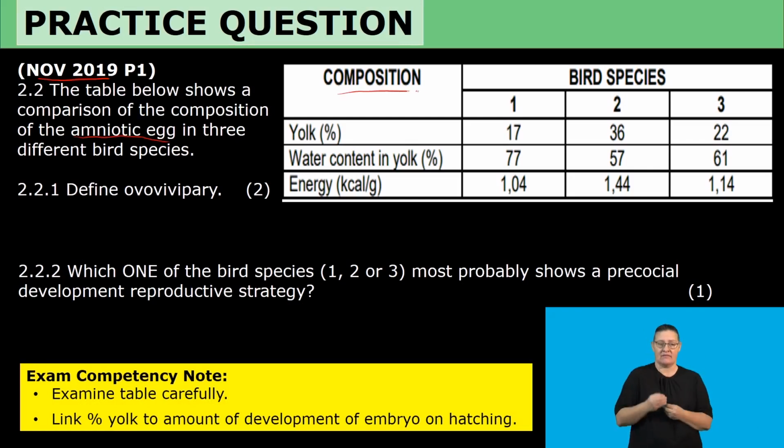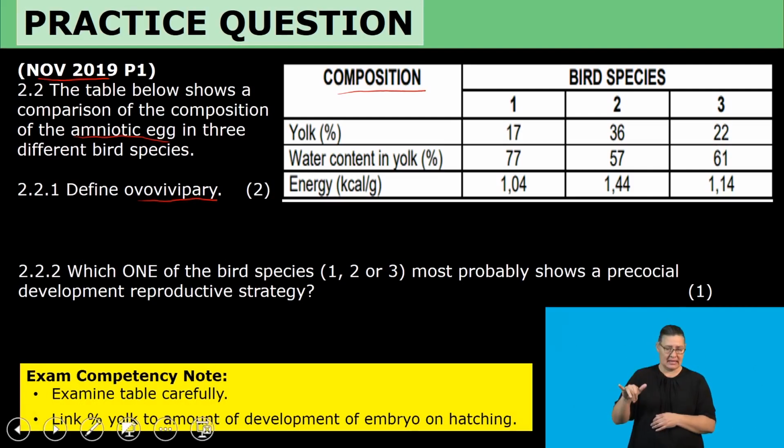We've got the composition of yolk in percentage, water content in yolk, energy. Then we have got our 1, 2, 3. These are our bird species. 2.2.1, define ovovivipary for 2 marks.